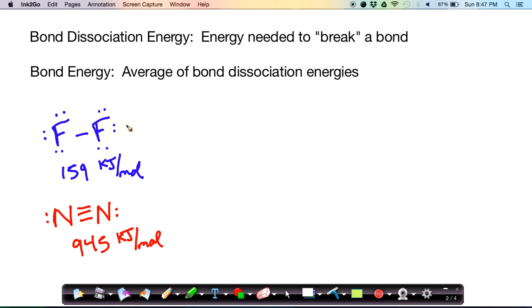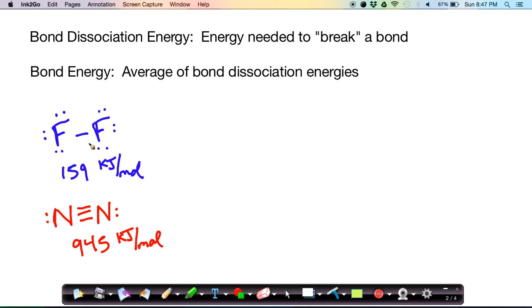Bond dissociation energy is always going to be an endothermic value. It's going to take a net input of energy in order to overcome that attraction between those atoms that are covalently bonded. And as a result, these bond dissociation energies are always going to be given as positive values.